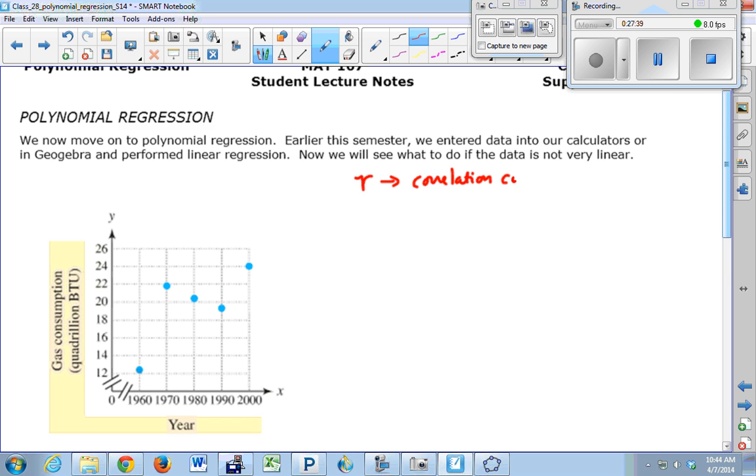And remember, the correlation coefficient ranged between +1 and -1, with +1 and -1 being a perfect linear fit. So R told you how strong your linear relationship was. Given that today we're going to be looking at data that will not be straight lines, R is not going to have any value to us anymore.